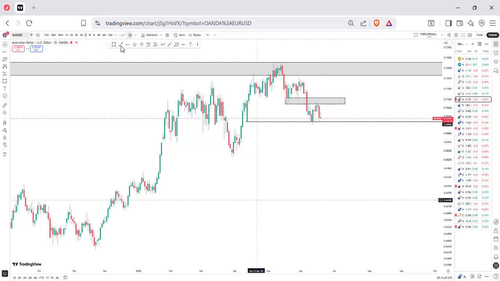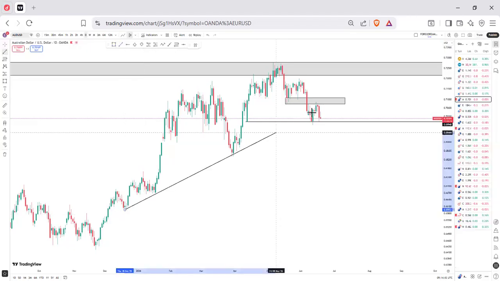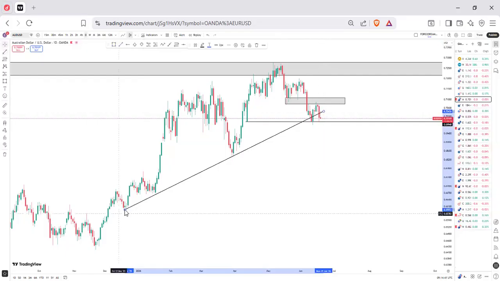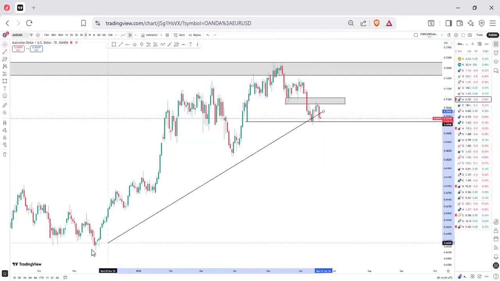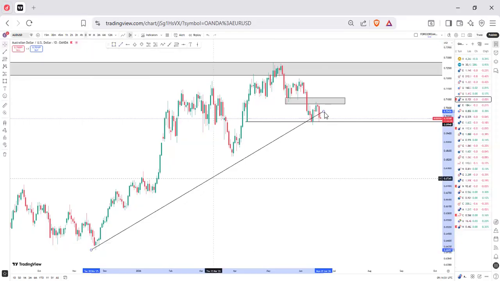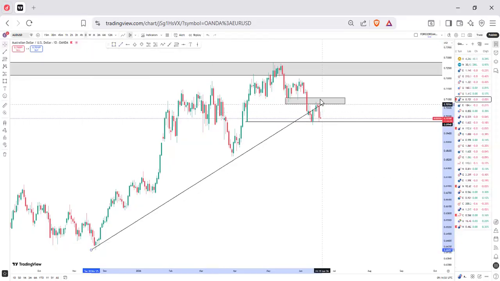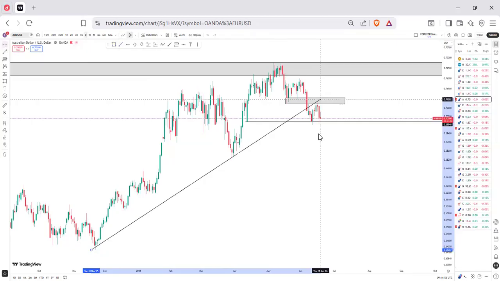Let me check this trend line. I'm not sure if it is accurate. It is not giving me what I'm looking for. Let me put it down here. Here we go.